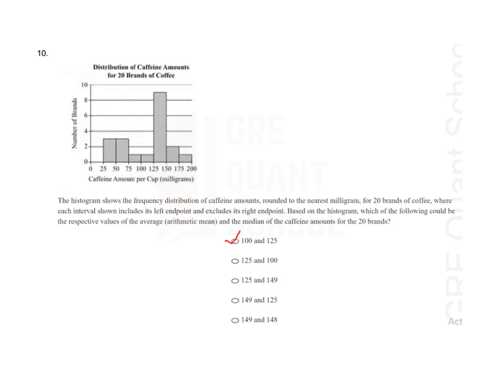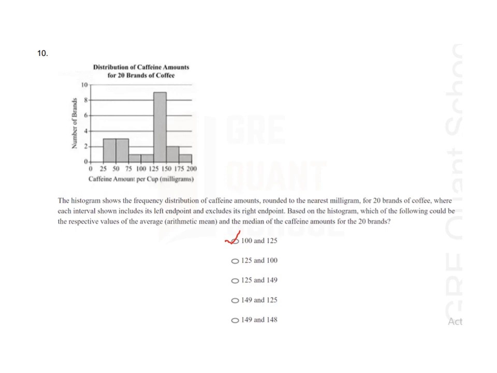We are in the last question. Distribution of caffeine amounts for 20 brands of coffee are given here, and particularly you can see the number of brands. The question says the histogram shows the frequency distribution of caffeine amounts rounded to the nearest milligram for 20 brands of coffee, where each interval includes its left-hand point and excludes its right-hand point.